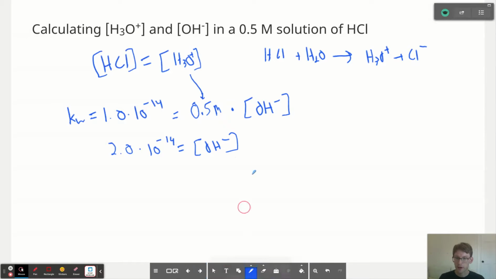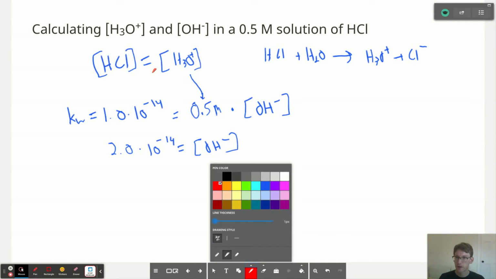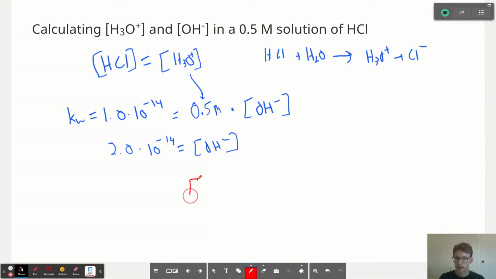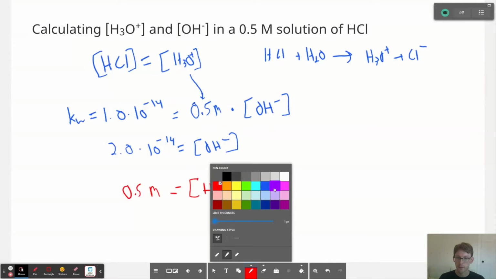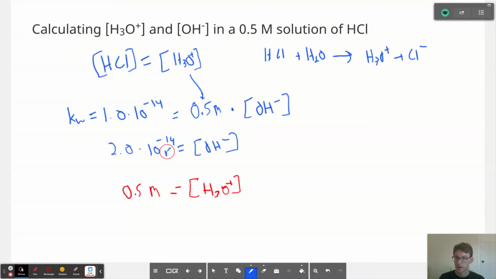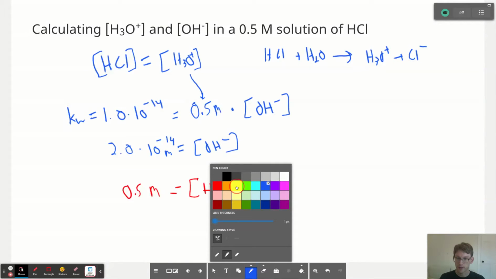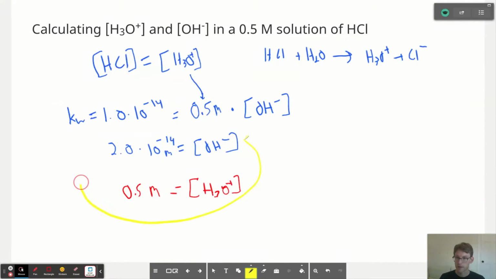So we've got our two answers. Our concentration of H3O+ is equal to 0.5 M, and I forgot a unit for my 2.0 times 10^-14, but these together are our concentrations. These are collectively our answer to the problem. So there we go.